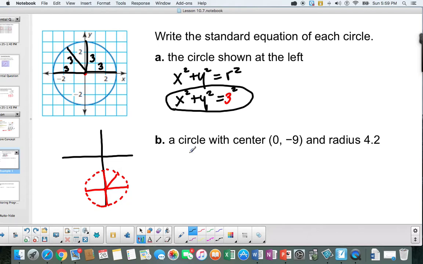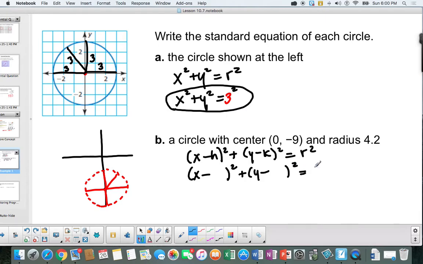When the center is not at the origin, we use this form: (x minus h) quantity squared plus (y minus k) quantity squared is equal to r squared. I'm going to rewrite the problem without the h, the k, and the r. Then I'm going to put my radius of 4.2 squared, and my h will be 0, and my k will be negative 9.